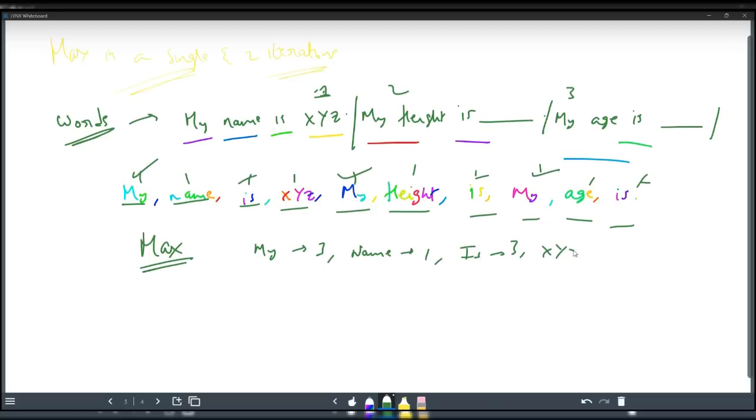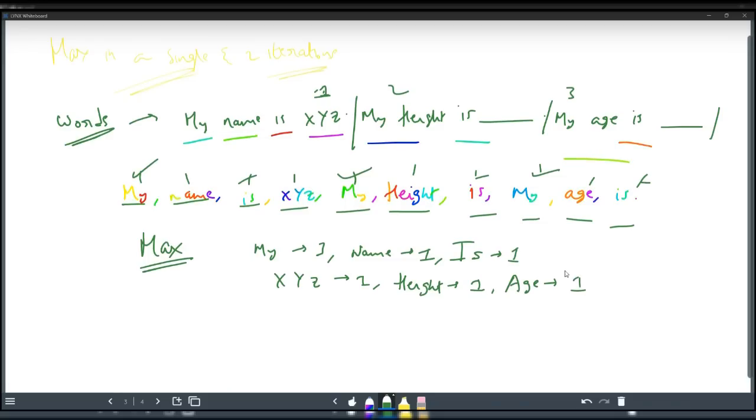XYZ 1 time, and height also holds the value 1, and age holds the value 1 again.